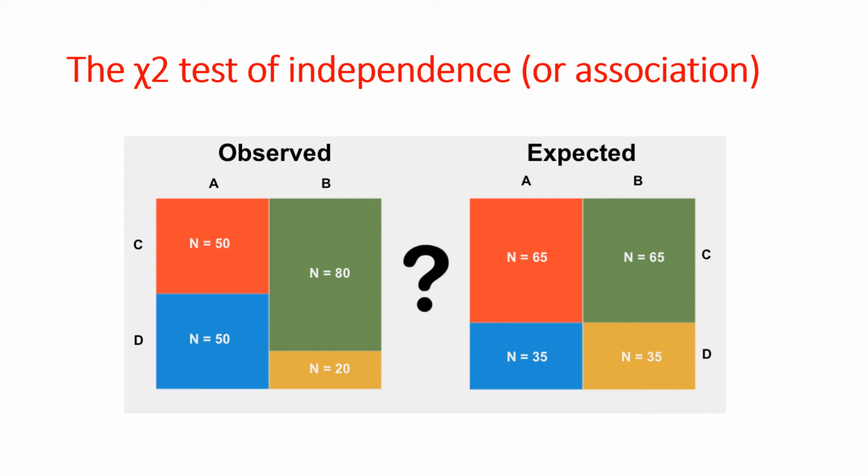And then we set up our criterion, the alpha level, which is 0.05, and then we do the chi-square test of independence or association. We're going to do that in a minute in Jamovi, and then we'll get a number for our chi-square and p-value, and then we'll see whether we could reject the null hypothesis or we fail to reject the null hypothesis.